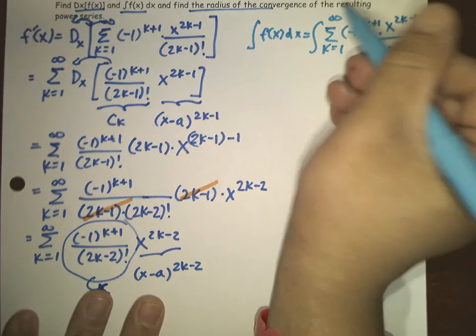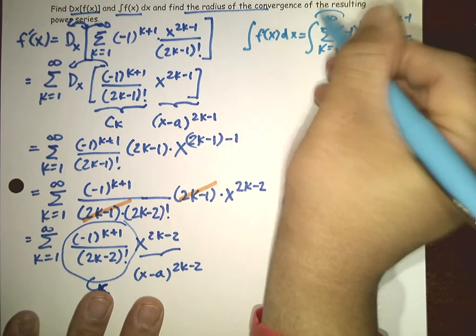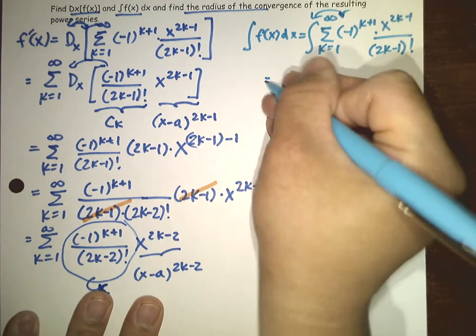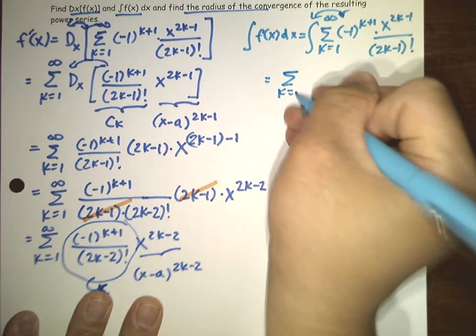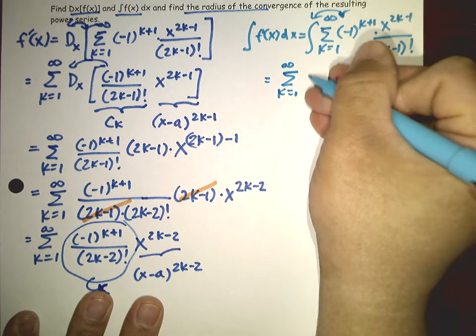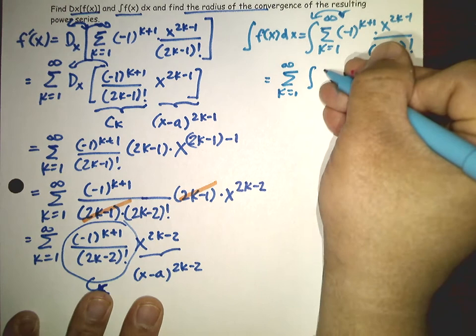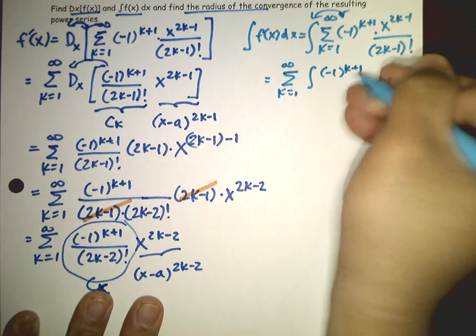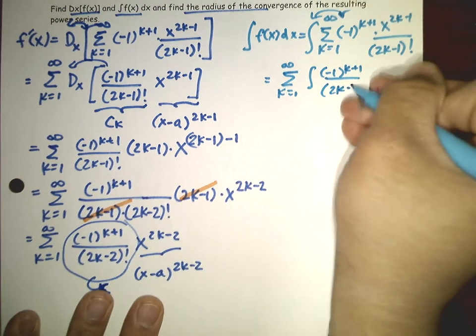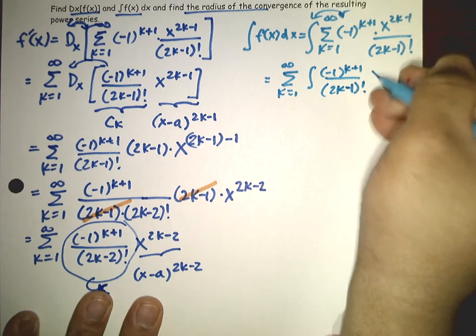I'm going to interchange the integral and the sum. So I have the sum k equals 1 to infinity of the integral of negative 1 to the k plus 1 all over 2k minus 1 factorial times x to the 2k minus 1 dx.